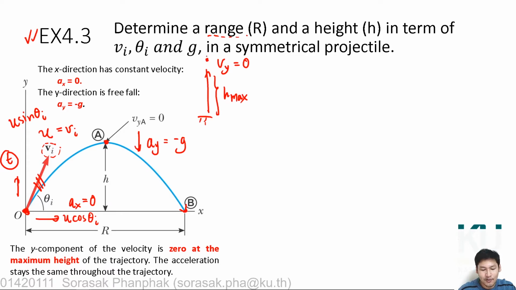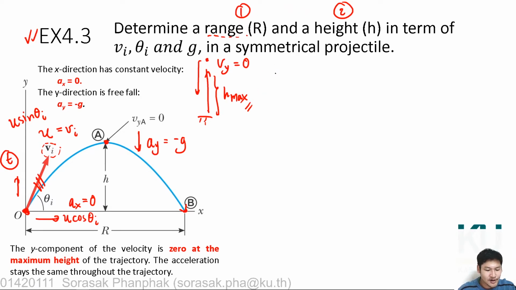This is like your maximum velocity. It pushes you up, and then the particle is going to fall down. When y equals 0, it means you have the maximum height. From this relation, we can determine the range and the height of this path as well. Let's start from this.